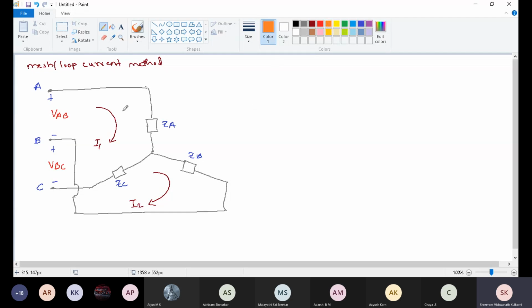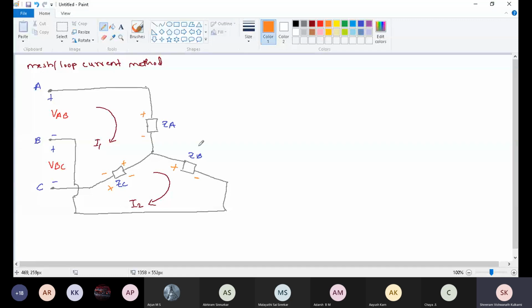Now current entering into this element, I'm going to mark this as plus, minus. Current I2 is entering B, so plus, minus. Here ZC plus, minus.